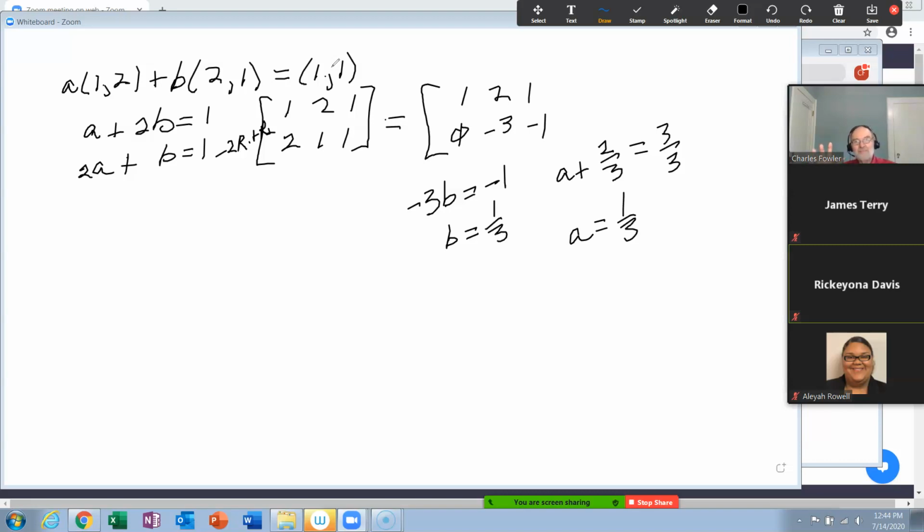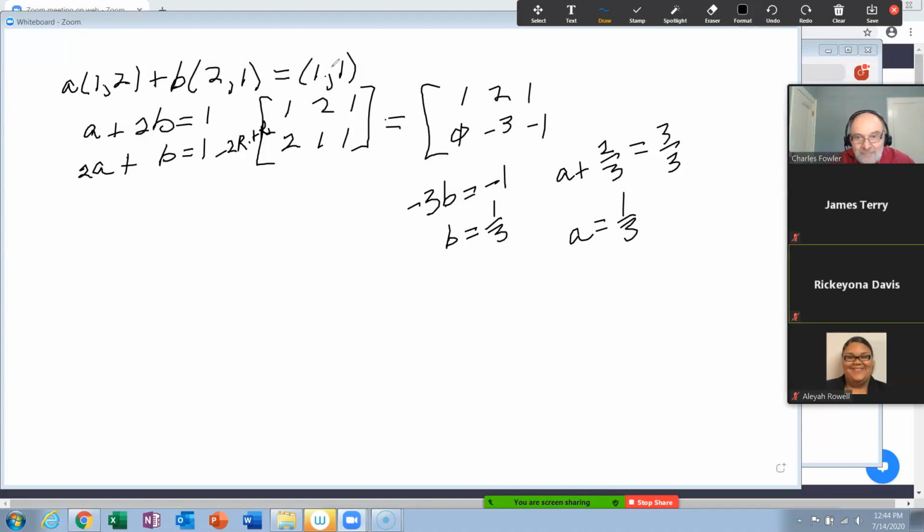So here are those same 10 properties again. Let V be a set on which these two operations, vector addition and scalar multiplication, are defined. Now notice they didn't tell you how to define it. They just said they are defined.